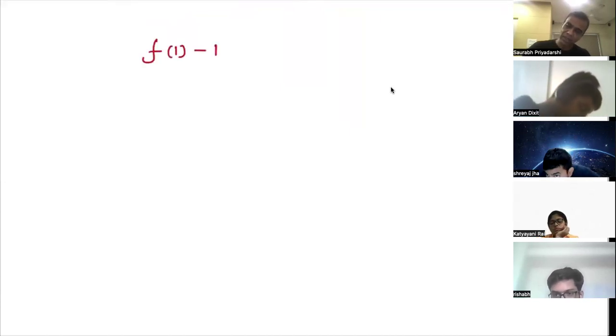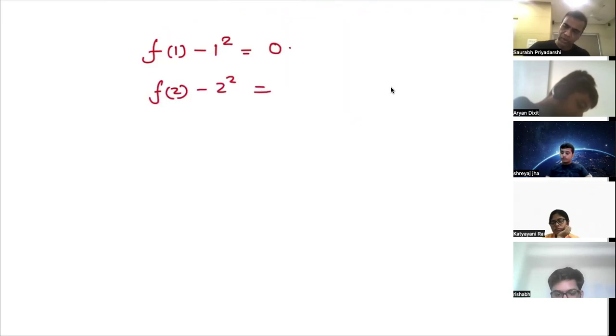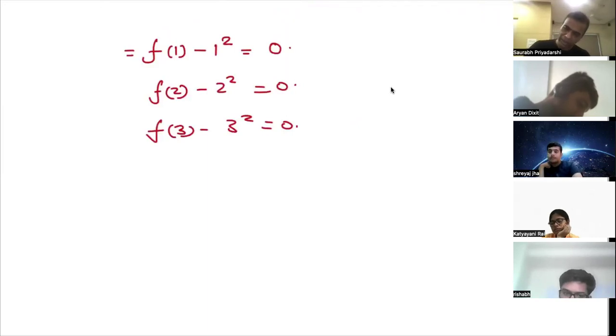See, what we can say is, okay, f(1) minus 1 square is 0, f(2) minus 2 square is 0, and f(3) minus 3 square is 0. So I'm just giving these names G1, G2, and G3.